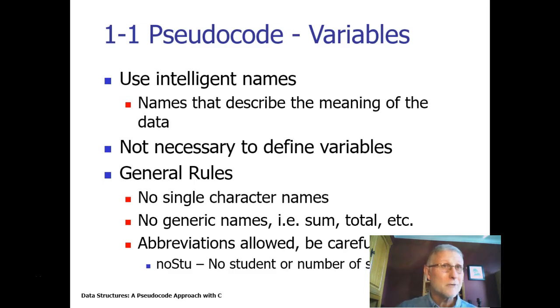Abbreviations are allowed, but you've got to be careful. The example I have here is NO capital STU. It could mean no student or number of students, so you want to be clear in what your variable names are. You've got to be able to read the pseudocode and tell from the names and the indentations what those variables are doing.